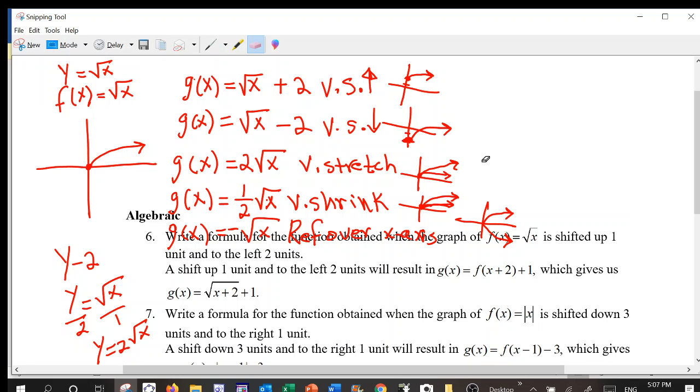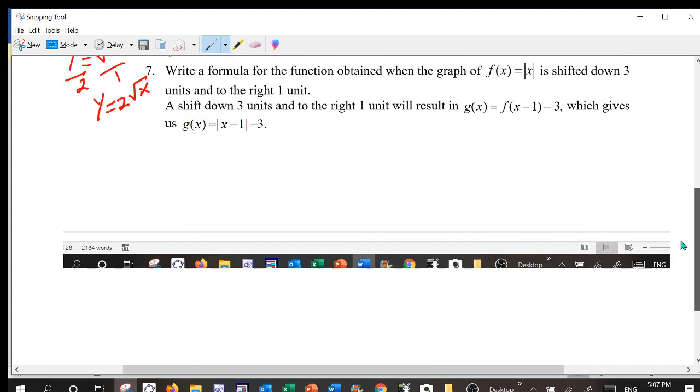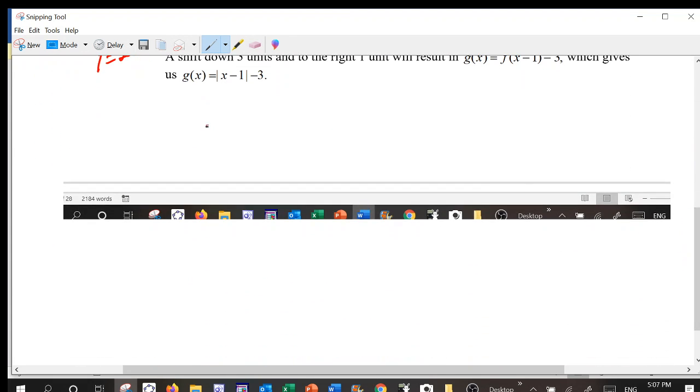But when we talk about x, let's now talk about x. It's the same function, square root of x, and this is our f of x.